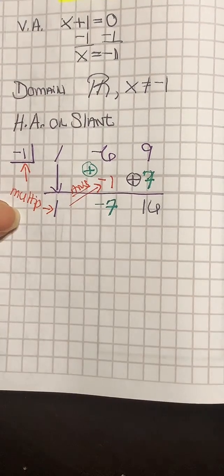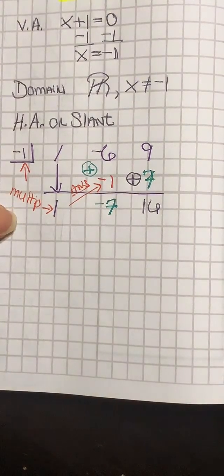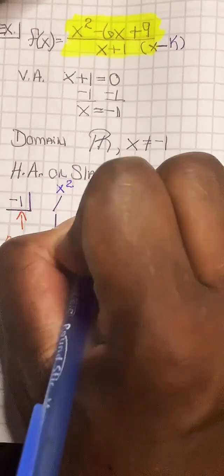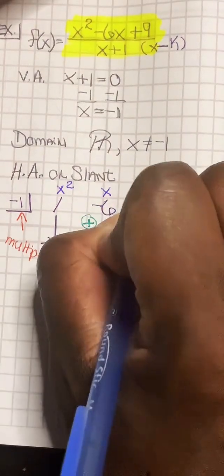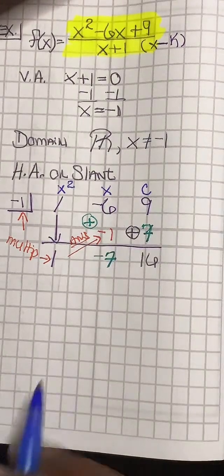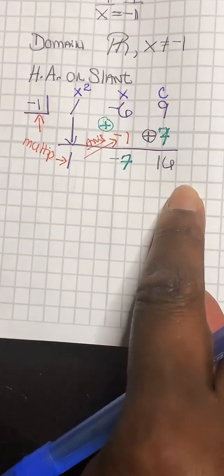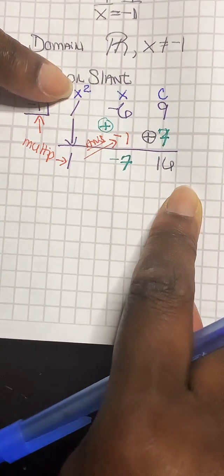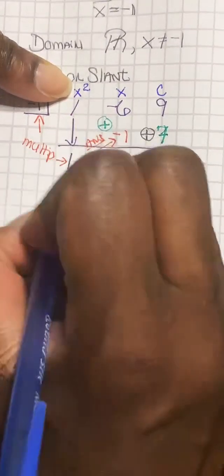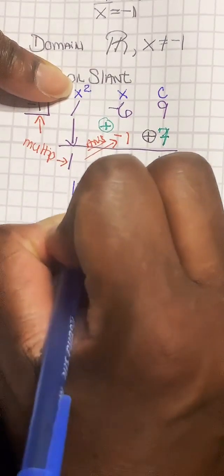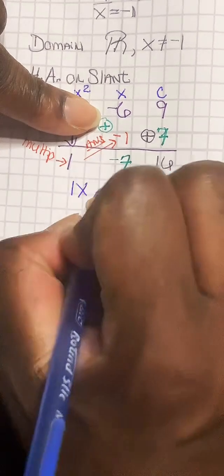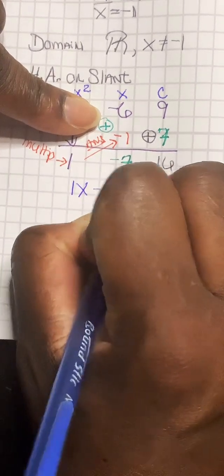So now, this part is when it gets fun. This was originally our x squared. This was our x, and this was our constant. This is basically your answer. You always want to do one less. So you have 1x. Now this is going to be my constant, minus 7.